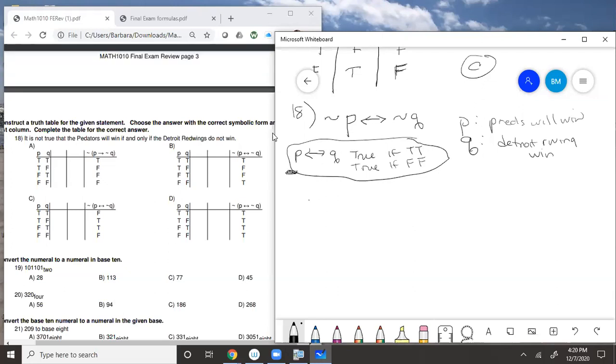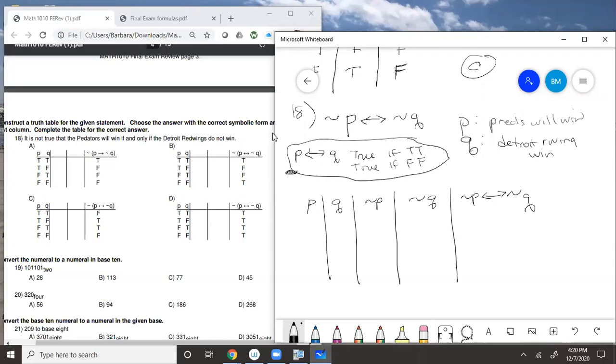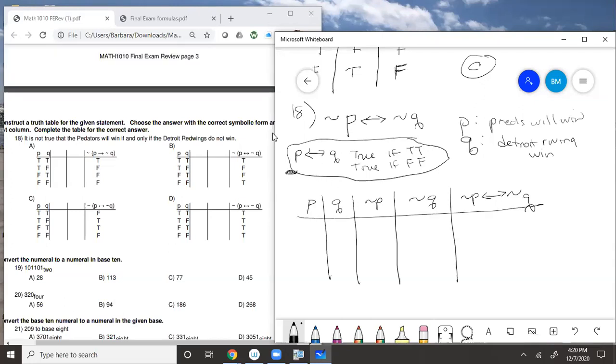So we have P, Q, not P, not Q, and then not P if and only if not Q. So all of the possibilities for P and Q: true, true, true, false, false, true, false, false.